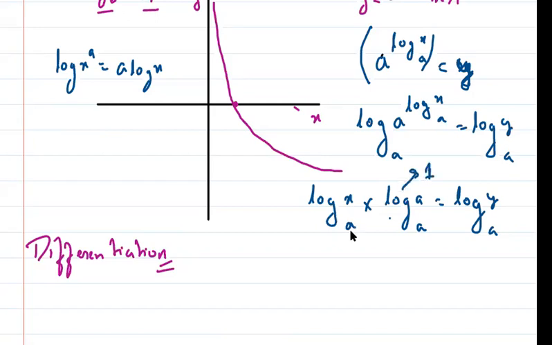So log x base a is equal to log y base a. So x is equal to y, means this is equal to x only. ठीक है? Got it? Navya got this?